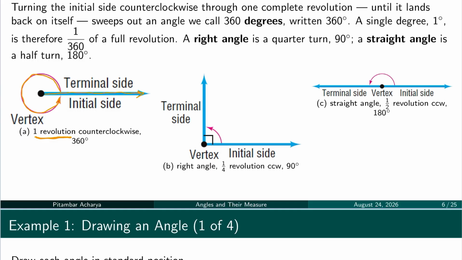And it measures 360 degrees. So one revolution is equal to 360 degrees. So 1 degree is equal to 1 over 360 of a full revolution.